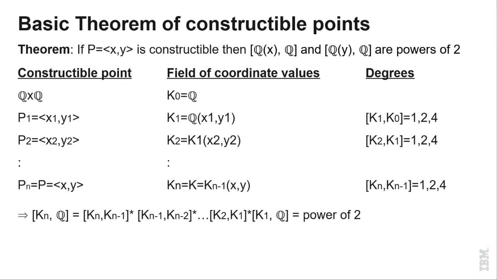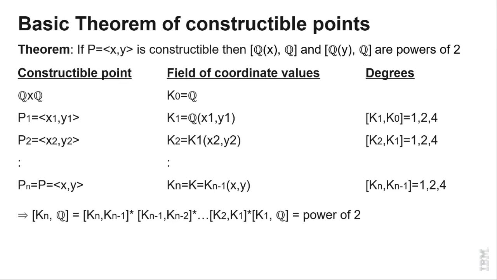And now is the time to apply the Tower law for the whole thing. So we started from Q, K0 is Q, we ended up in Kn, and you remember the Tower law, it's most convenient to read it from right to left. So we start from Q, we go to the field extension K1, and the second step we go from K1 to K2, and so on and so forth, until we reach Kn.